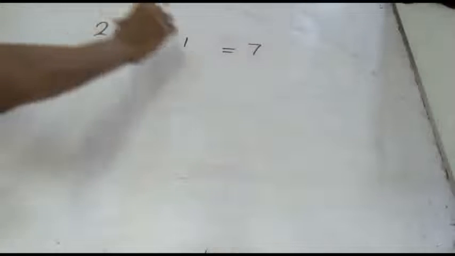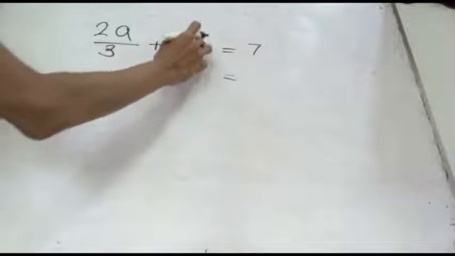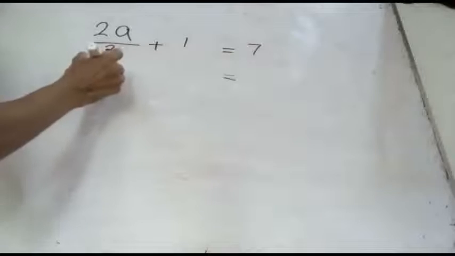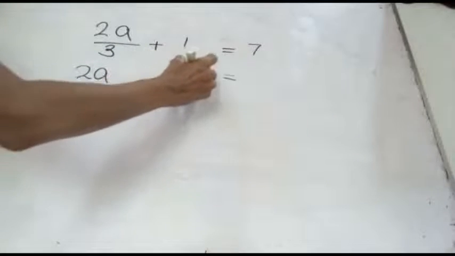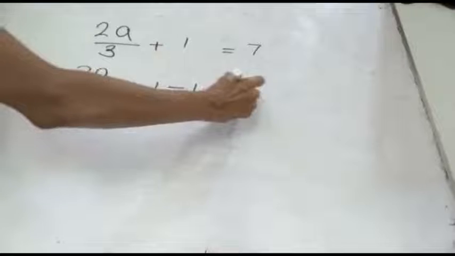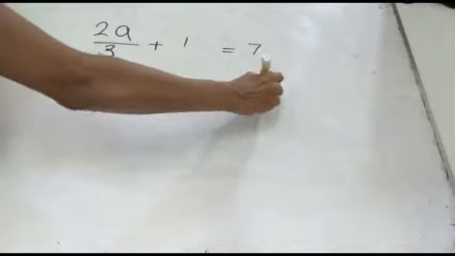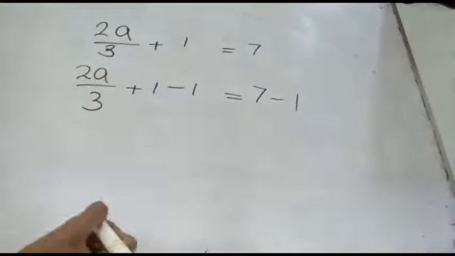First we subtract 1 from both sides. 2a/3 + 1 − 1 is equal to 7 − 1.